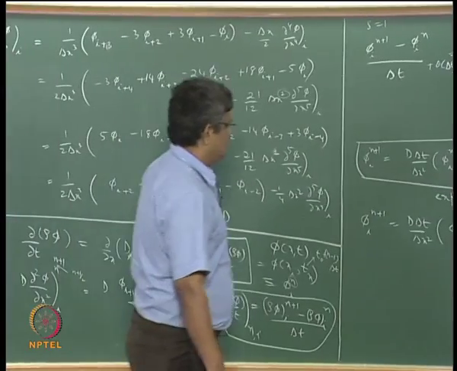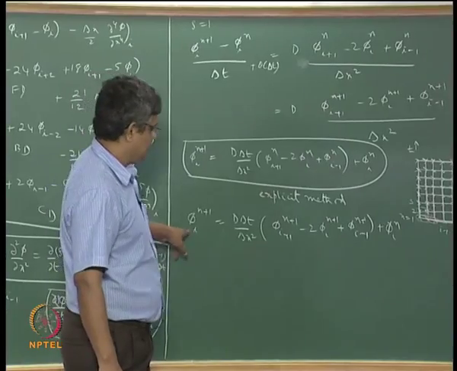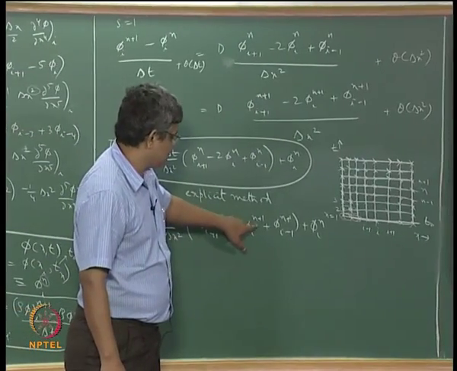Okay. Now on the left hand side we have phi I n plus 1, which is what we are looking for. On the right hand side also we have phi I n plus 1.